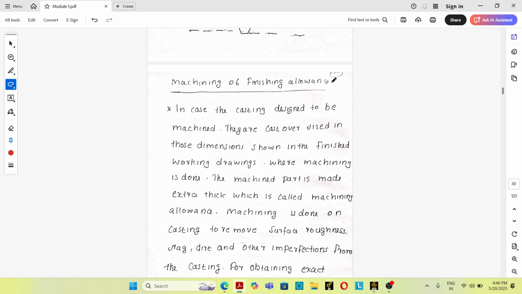In order to overcome this problem, the pattern size will be a little bit increased considering machining allowance. So after the casting is produced, the casting size will be a little bit larger, providing some material for machining operations. That allowance is known as machining or finishing allowance. We can simply say that machining or finishing allowance is extra material kept over the casting for any type of machining operation. Okay.